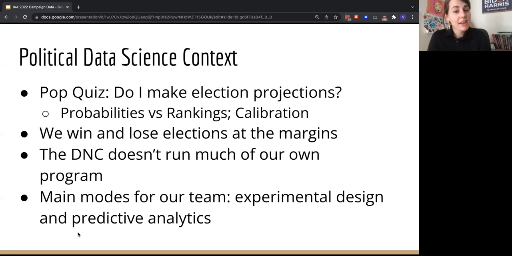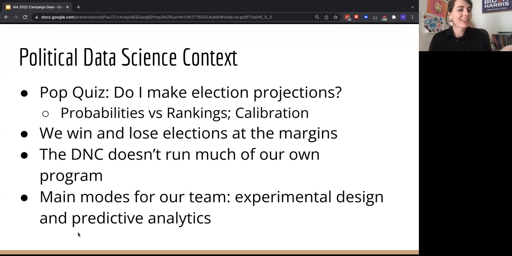Versus a ranking just says, if we ranked all the people in this county by who is most likely to show up on election day and vote for our candidate, the ranking is going to be correct, that the probability that I will show up and do that is higher than yours, and we are ranked appropriately.